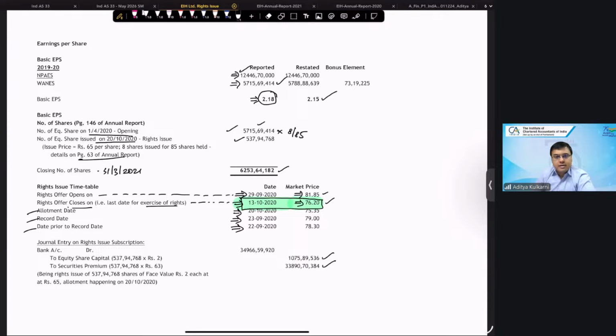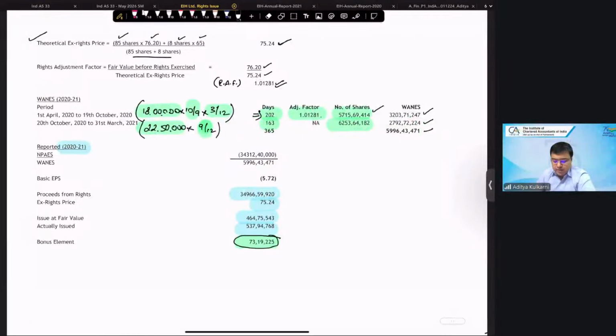I am not interested in that for the purposes of ex-rights price. Record date, I am not interested. These are secretarial dates. You need to take those for allotment, for record date, for the date prior to the record date. But for my rights factor, I will take 76.2. Are you able to follow?